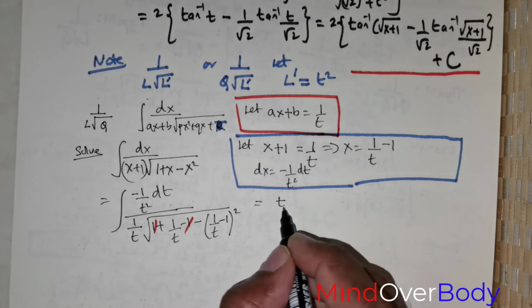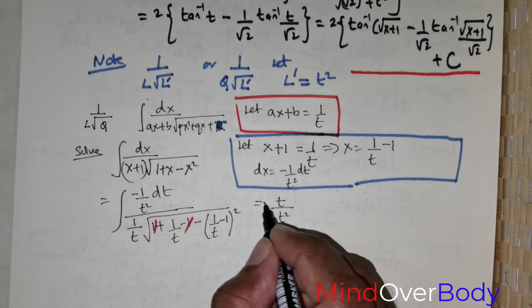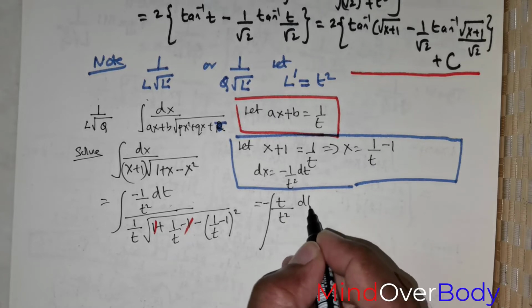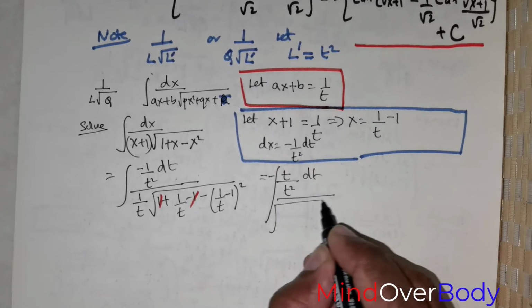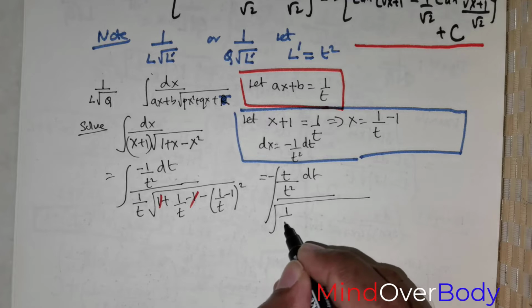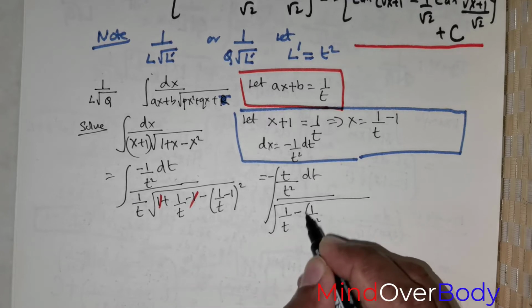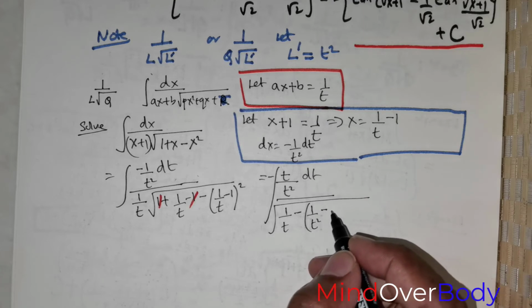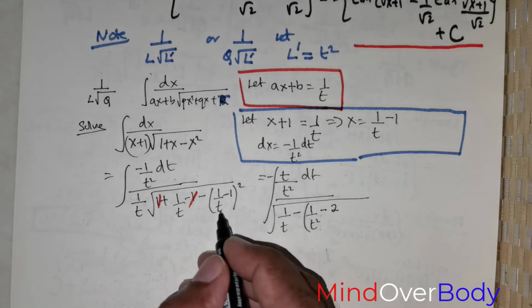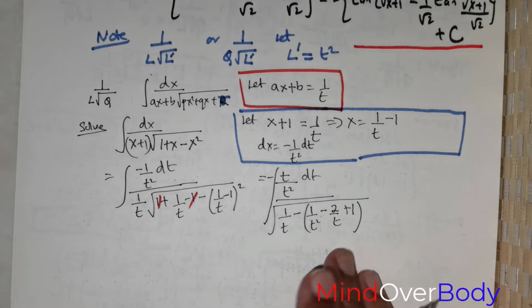So it's going to be t over t² with a negative sign, integral dt divided by root of, now you have 1/t − , I expand this, you get 1/t², probably I'll place them in the parenthesis first, −2 times 1/t, so it's going to be −2/t + 1.